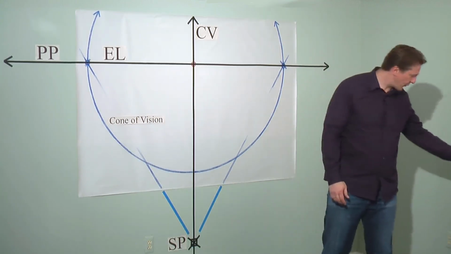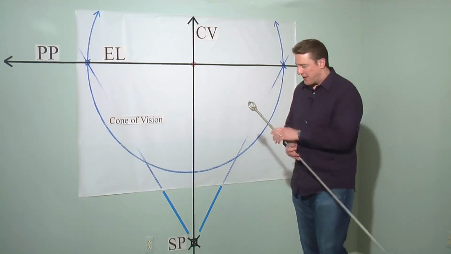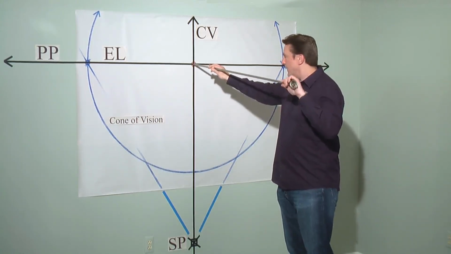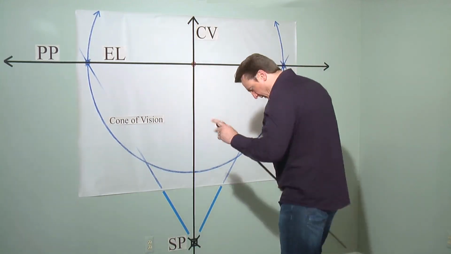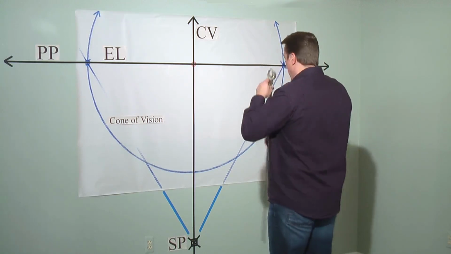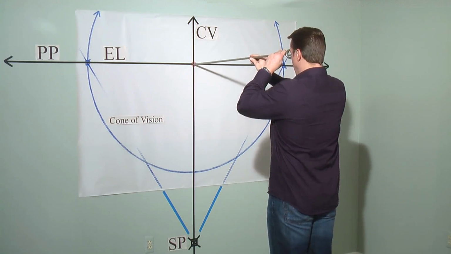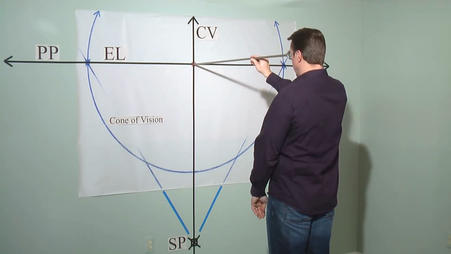I'll use this curtain rod magical wand thing, and I'll demonstrate the idea. So it's like a hinge. I'm actually standing here where my station point is. So here's, remember, my distance line again, my first distance line right here. That's exactly me looking into the picture, right?